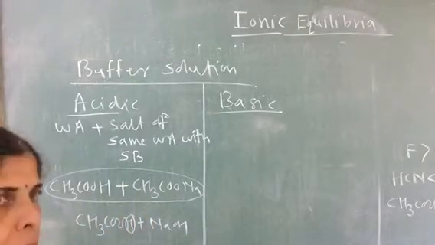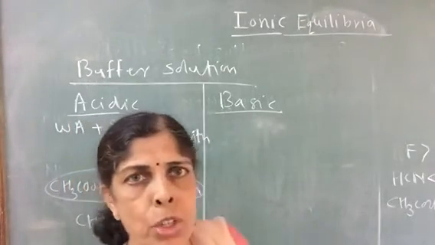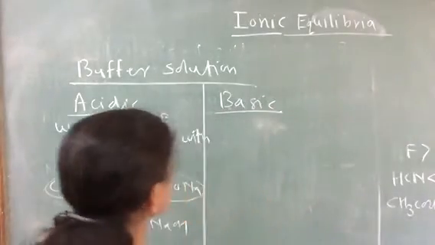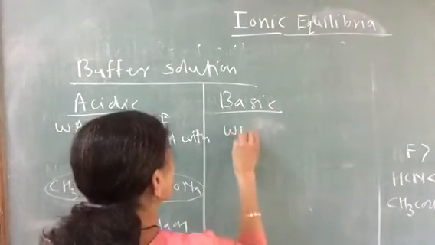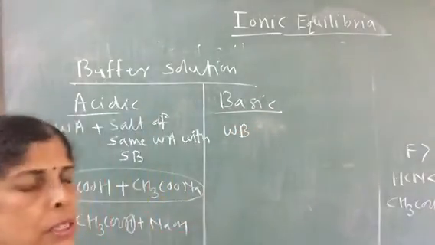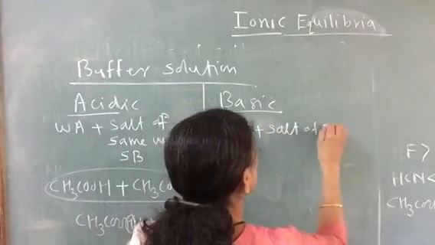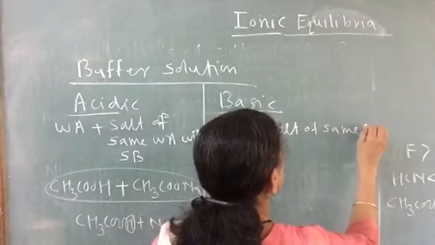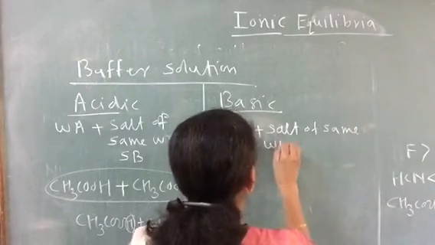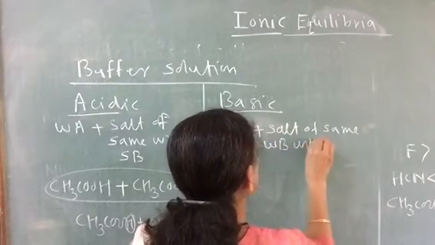What is a basic buffer? A basic buffer is also a mixture, of a weak base and the salt of the same weak base with strong acid.